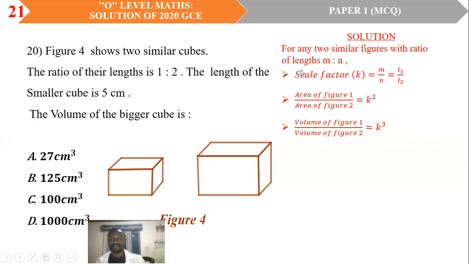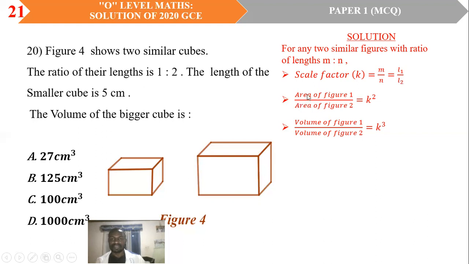Whenever we have 2 similar figures, if the ratio of their corresponding lengths is m:n, the scale factor is obtained when you take m/n. If m comes from figure 1 and n from figure 2, then m/n is the length of figure 1 over the length of figure 2.